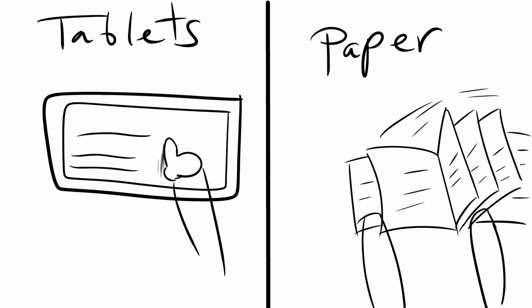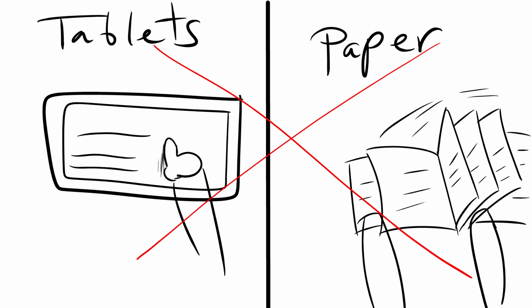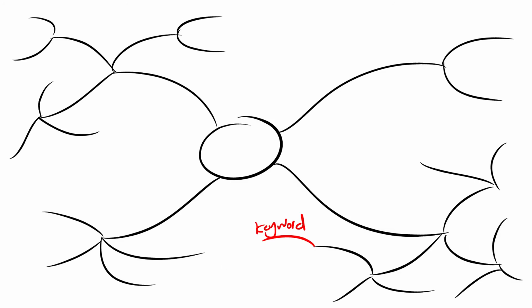And the other half, the ones taking notes on their tablets, were scrolling up and down to reach that part and add the point, while I just took a quick glance at my mind map, went to that branch and just added the keyword. That's it. No flipping pages, no scrolling up and down, just saw the branch, added the keyword, and in one second I was done. So it allows smooth recapture.